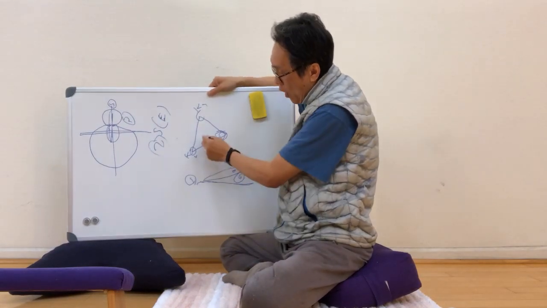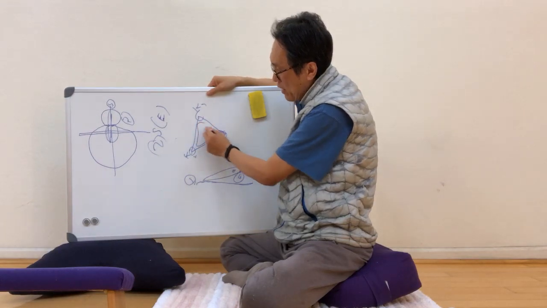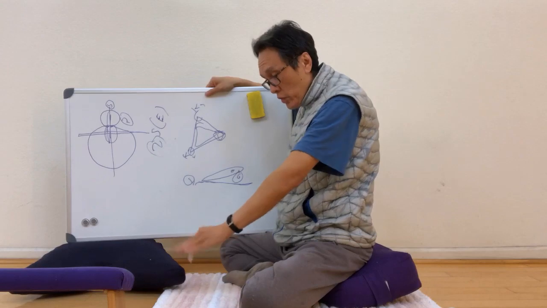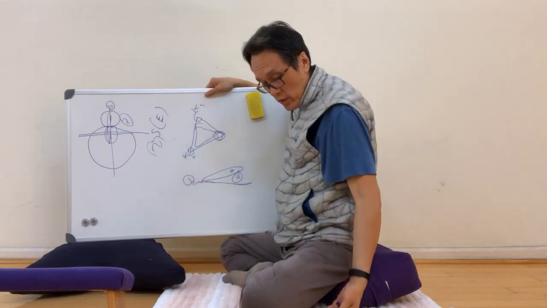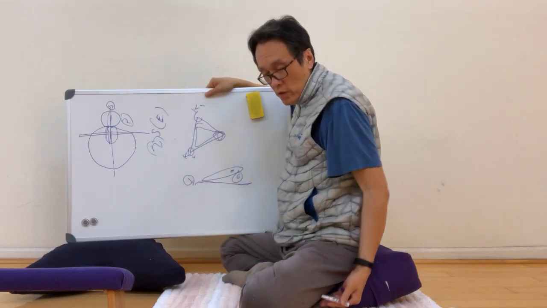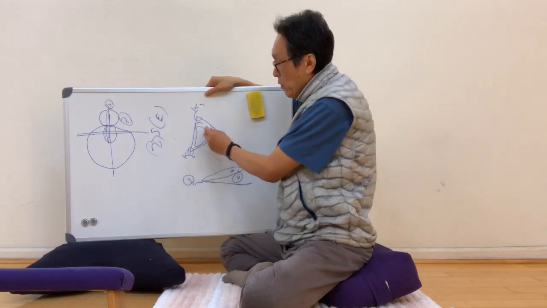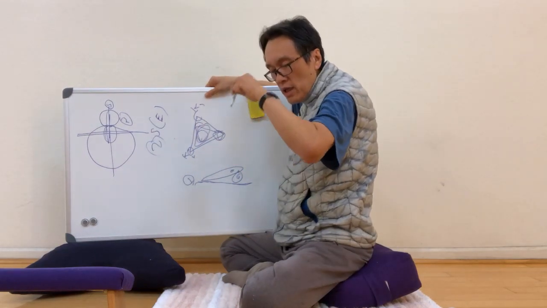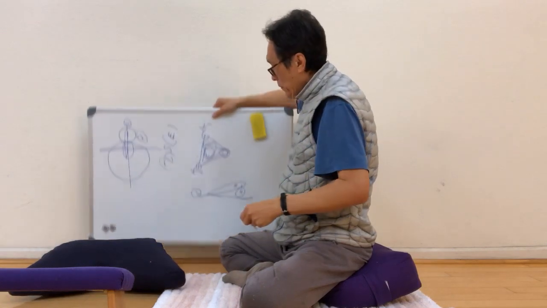Okay. So all this triangle area is stuck to the floor or to the cushion, so that the weight of this entire place is evenly distributed.